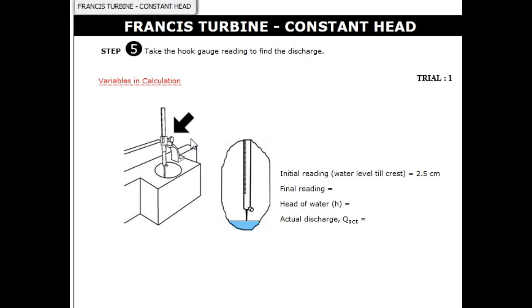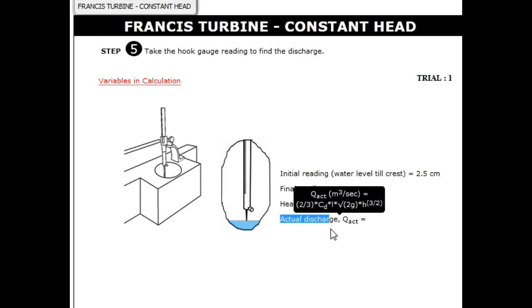Next, there is output coming out of the turbine, that is discharge out. This is actual flow measurement. We need to know the actual discharge coming out through the Francis turbine. To calculate that, we have to fix this hook gauge.